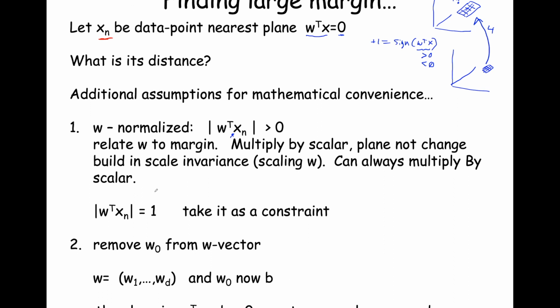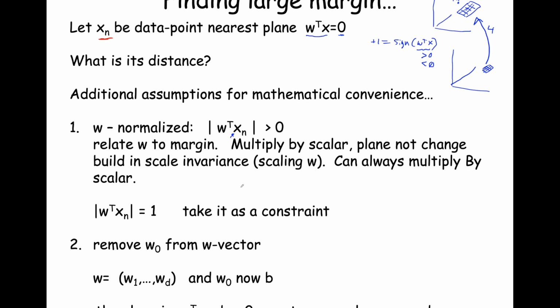I can also take it as a constraint that for the closest point, because I can scale this up, let's say it's like 0.001, I can multiply it by some scalar such that precisely for this closest off-plane point xn, the magnitude of the score, W transpose xn, is exactly 1. So let's take this as a constraint.